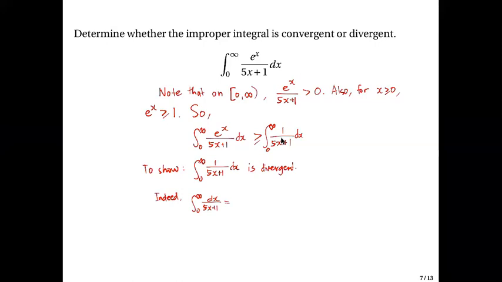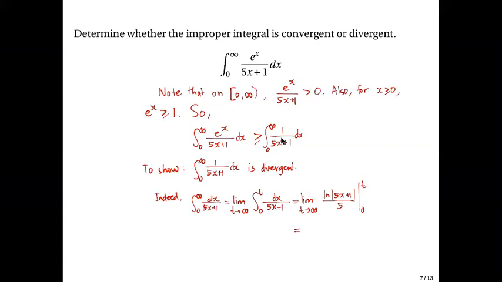Again, it's an improper integral, so we use the definition: limit as t approaches plus infinity of the integral from 0 to t of dx over 5x plus 1. This is just the limit as t approaches plus infinity of ln of the absolute value of 5x plus 1, over 5, evaluated from 0 to t.